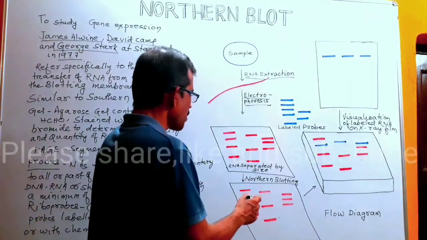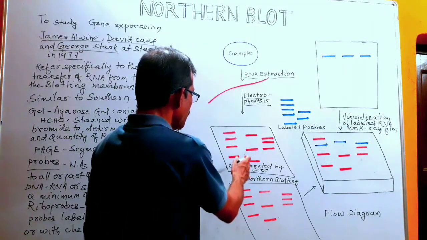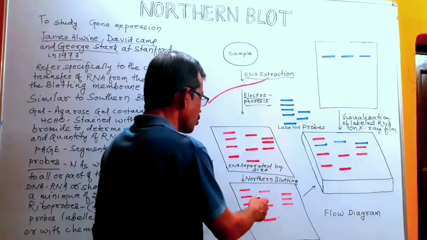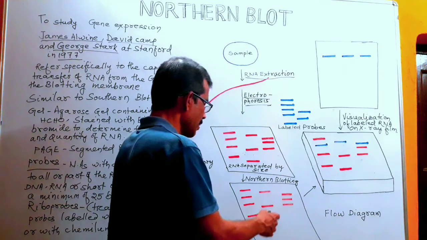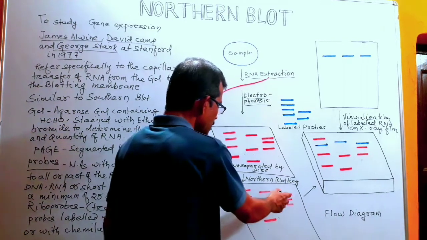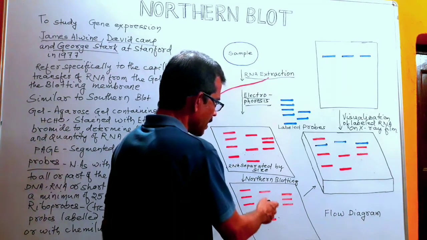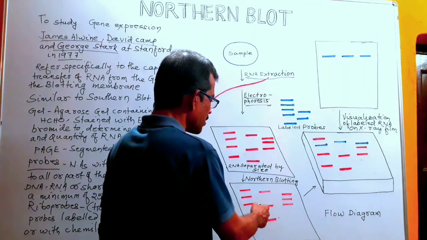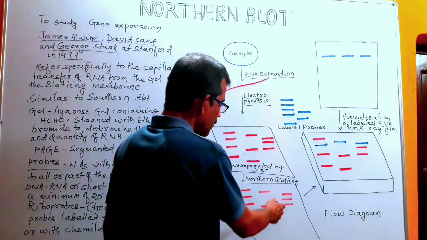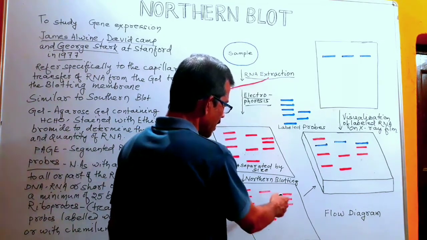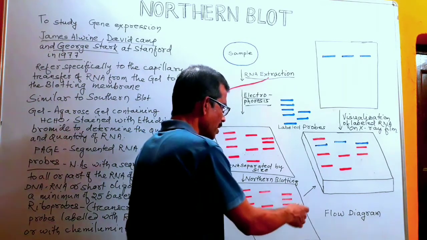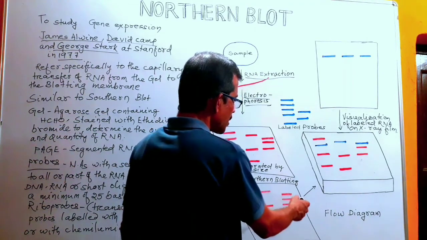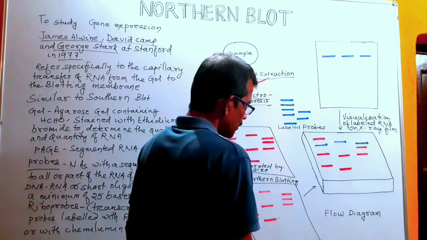After the transfer of RNA from gel to the nylon membrane, next step is the immobilization of RNA. Immobilization of RNA is carried out through covalent bonding by UV light or heat. And after immobilization of RNA, the next step is to hybridize the RNA with a suitable labeled probe.